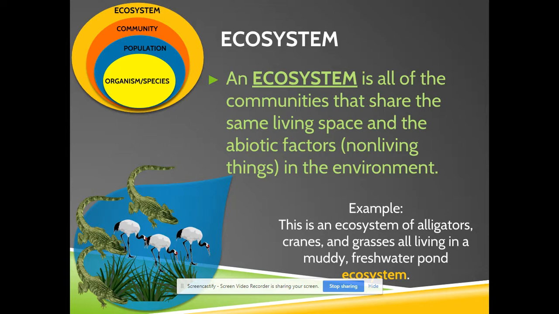The example is an ecosystem of alligators and cranes and grasses, that community, that's all living in the same muddy freshwater pond ecosystem. So an ecosystem encompasses all the living things and the non-living things together in the same space.